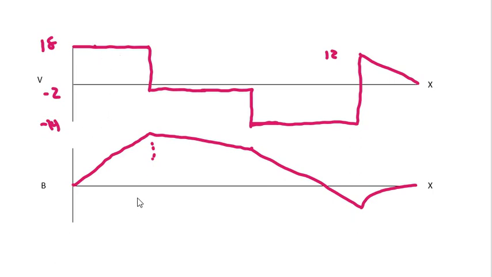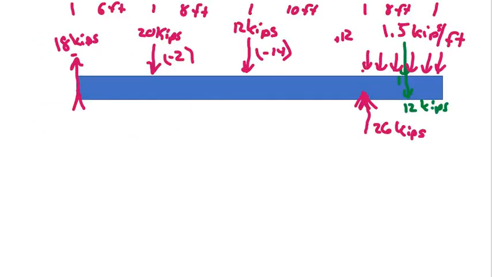This is the slope of this line, or the slope of this line is this value. The other thing that I could say is the area underneath this is the change in this. So I have 18 times 6, so it's 18 times 6.